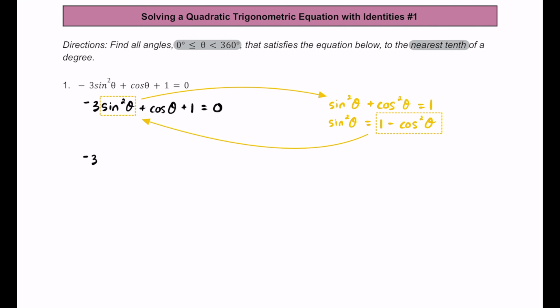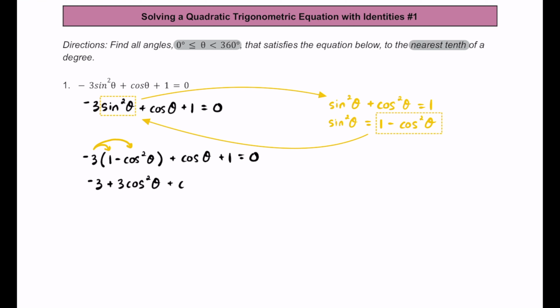If we do so, we're going to have -3 multiplied by 1 minus cosine squared of theta, then still plus cosine of theta plus 1 is equal to 0. Now to clean this up, I'm going to distribute this -3 to both terms inside the parentheses. -3 times 1 is -3. -3 times negative cosine squared of theta is plus 3 times cosine squared of theta.